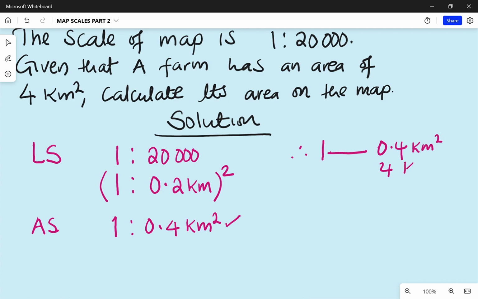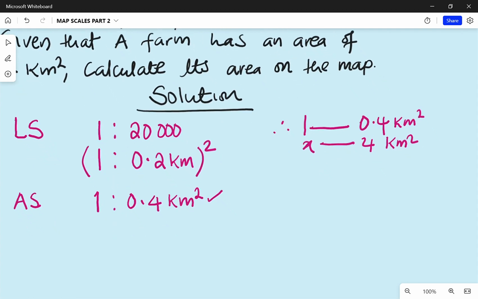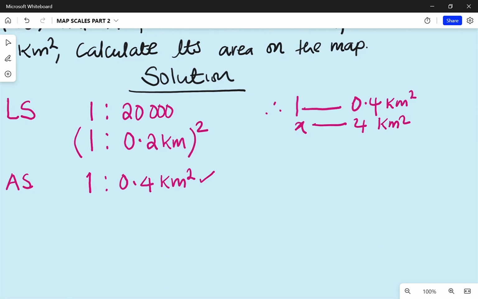What about 4 kilometers squared? What is it equivalent to? I don't know, so here I have to find the unknown. The unknown is on the map.